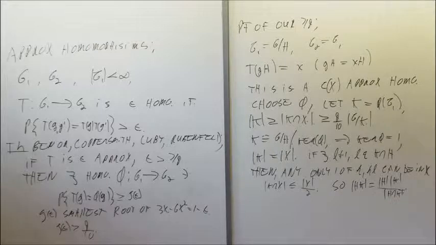The paper that we wrote has a whole bunch of other theorems in it, and I want to tell you one of my favorites, and then I want to tell you some open questions, and then I'll stop.